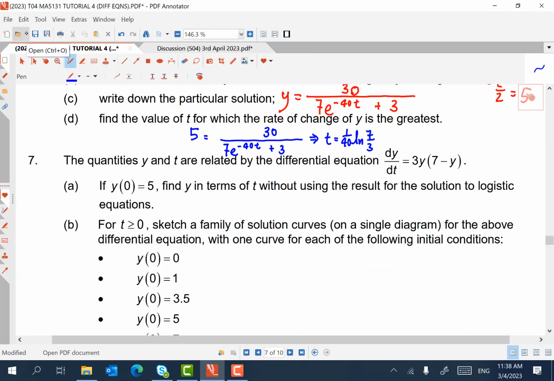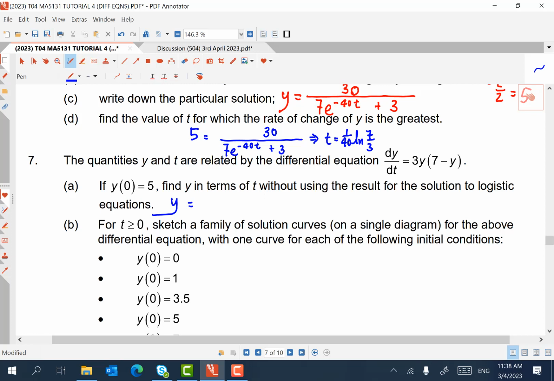So now going back to this, with that thinking found, I can now write down the final solution for 7a, that y equals y naught L over L minus y naught e to the power minus KL T plus y naught.